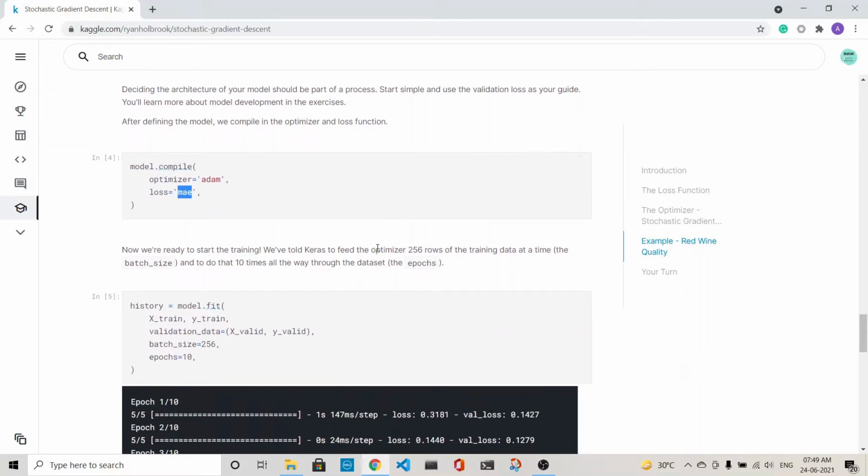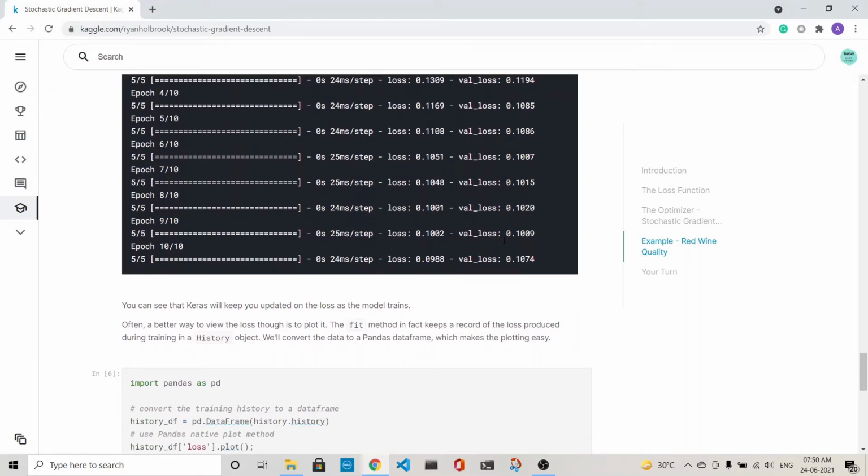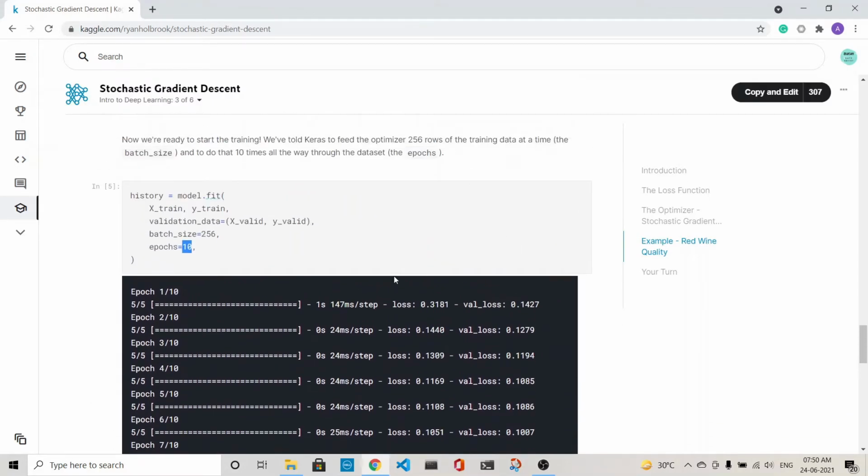And what you do is you change the batch size to 256, meaning each batch is 256, and then there is an epoch, which is the number of rounds of the training data that you take. It is 10 here. Now, when it goes through, it would give off the loss, and it would give off the validation loss.